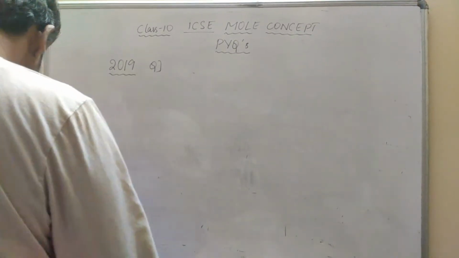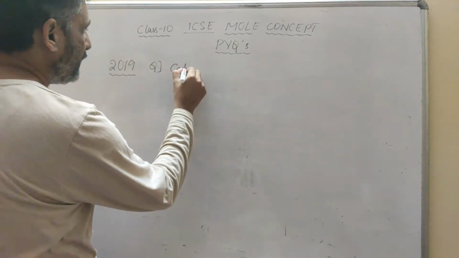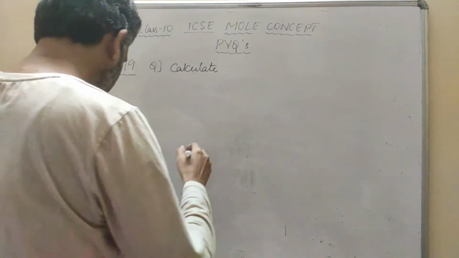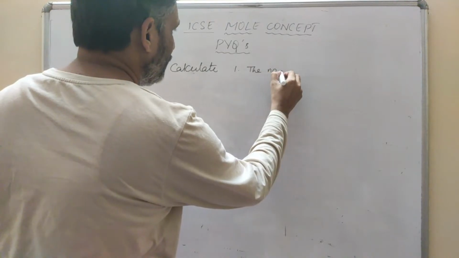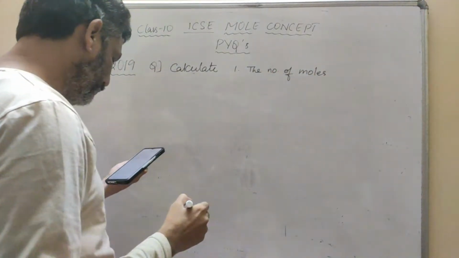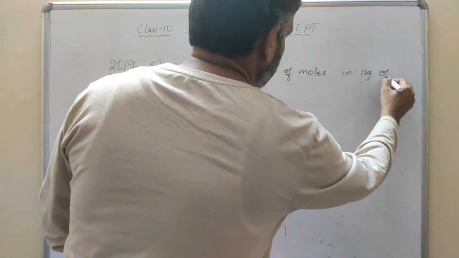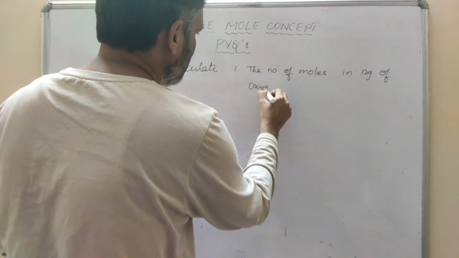Calculate, first one, the number of moles in 12 grams of oxygen gas.